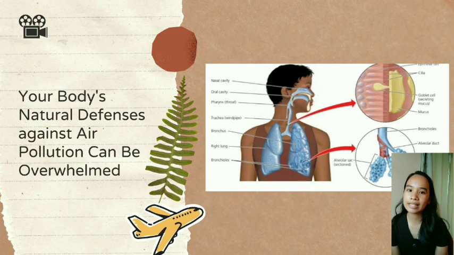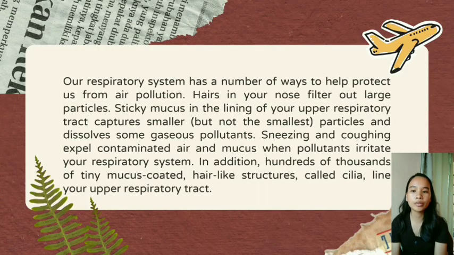And next is how the body's natural defenses against air pollution can be overwhelmed. Based on the figure shown, we can see the human respiratory system. Our respiratory system has a number of ways to protect us from air pollution.